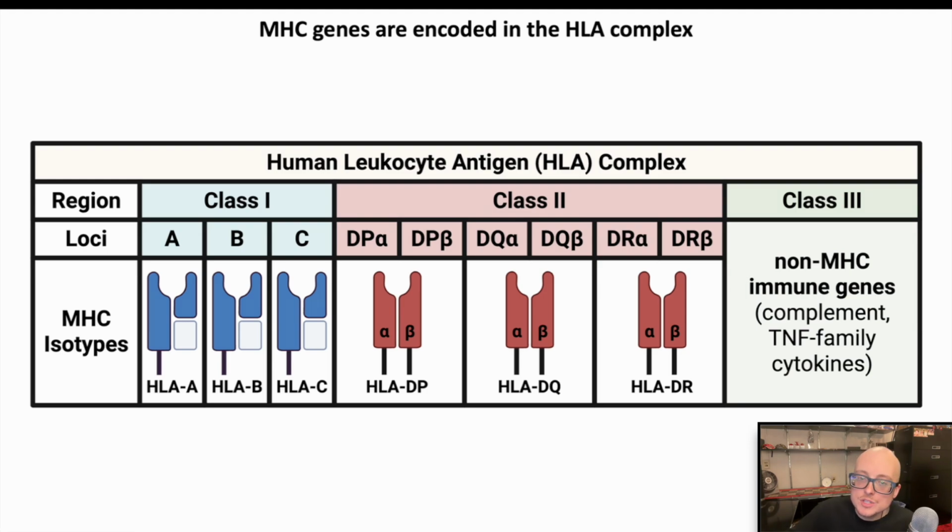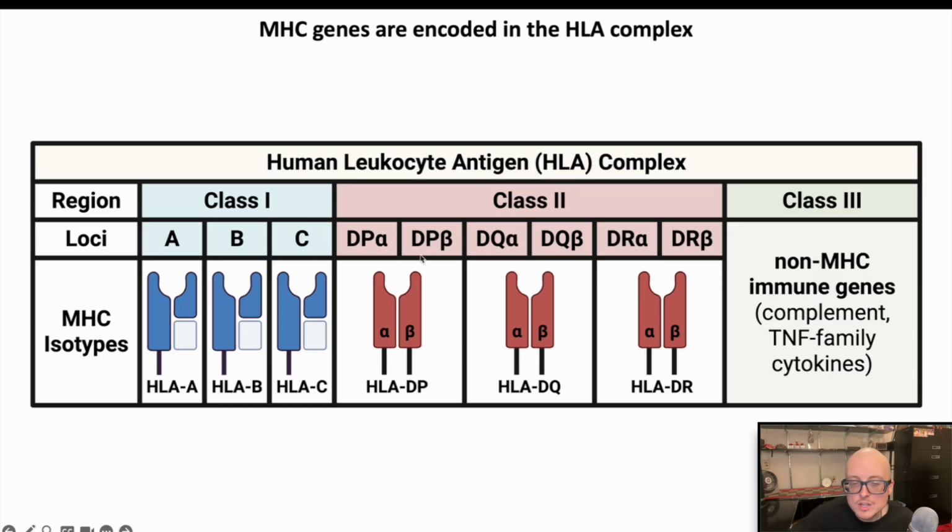So within the class 2 region, we have 2 genes per isotype, and each of those genes encodes an alpha chain and a beta chain. To make a functional HLA-DP protein, you need a gene that produces a DP alpha chain, and another gene that produces a DP beta chain, and those two are going to dimerize after they have been translated.